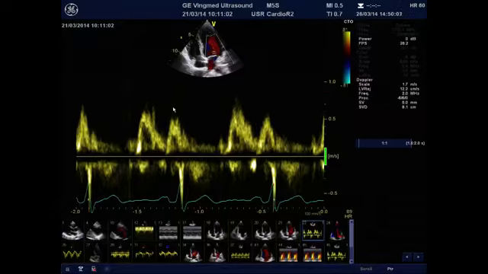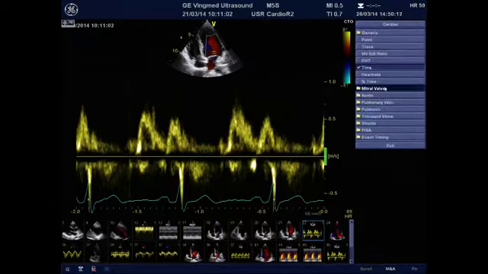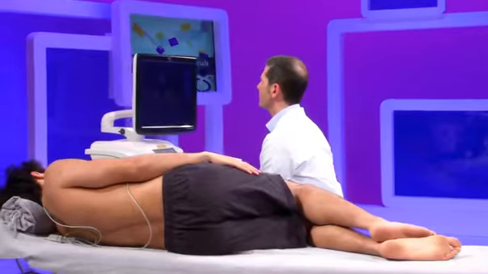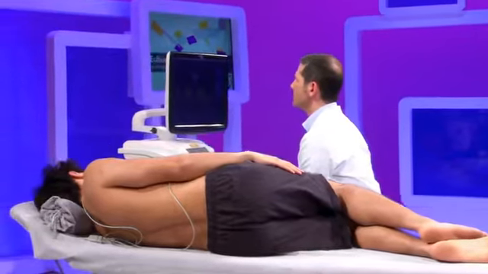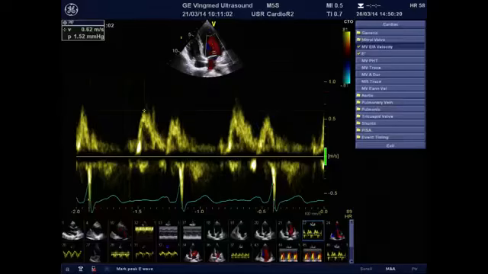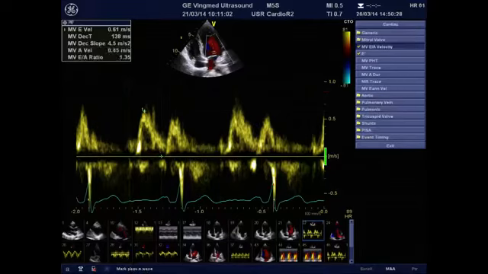What we measure at the level of this profile, and I will show you, is actually a few parameters. So the primary measurements, in accordance to the recommendations for the assessment of diastolic dysfunction by the EAE and the ASE, are the peak E wave velocity, the E wave deceleration time, and the A wave velocity.